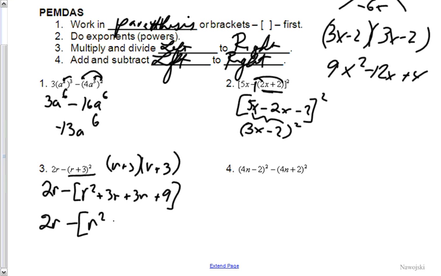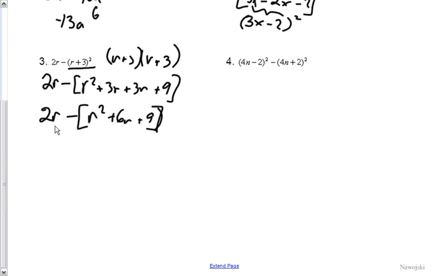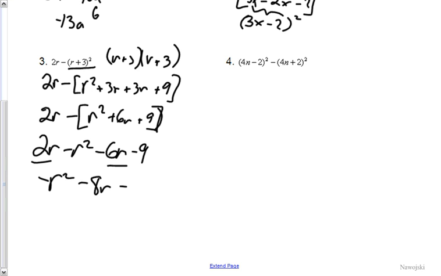R squared plus 6r plus 9. Oops. What that means is, hey, let's see if we can switch the signs now. 2r minus r squared minus 6r minus 9. Okay? Combine like terms. Negative r squared, negative 8r minus 9. And we are done there.